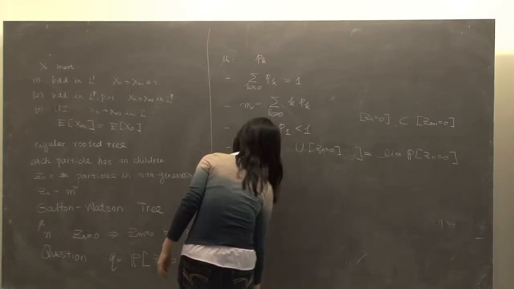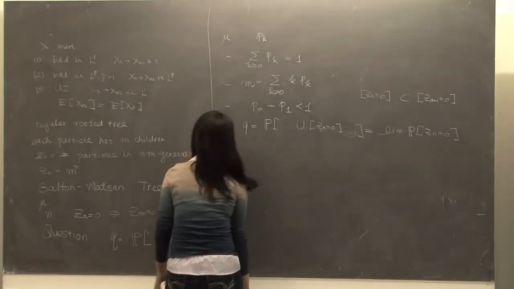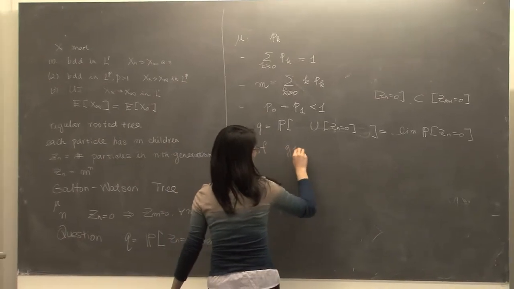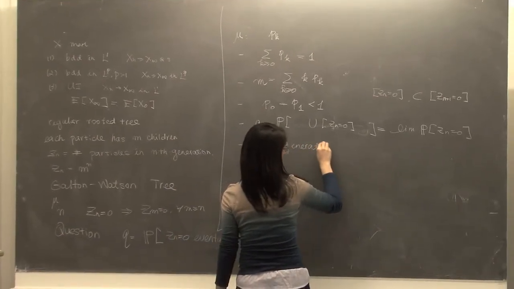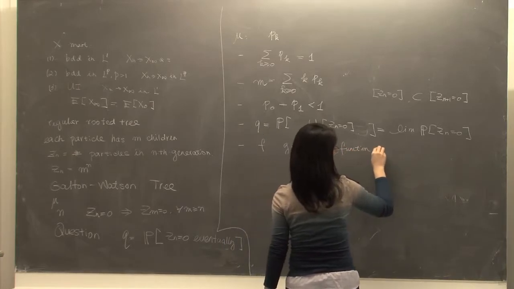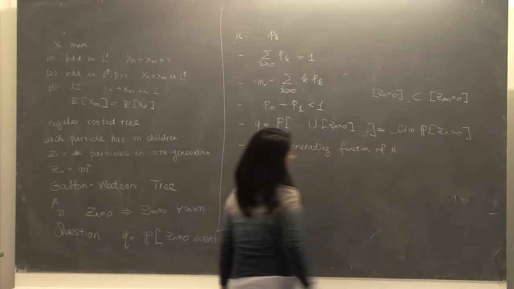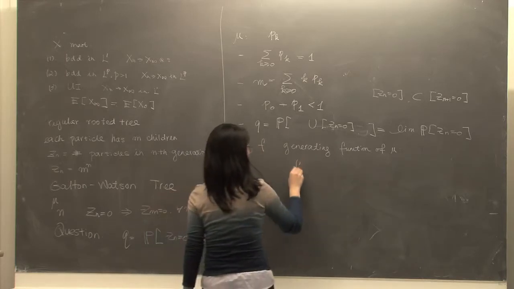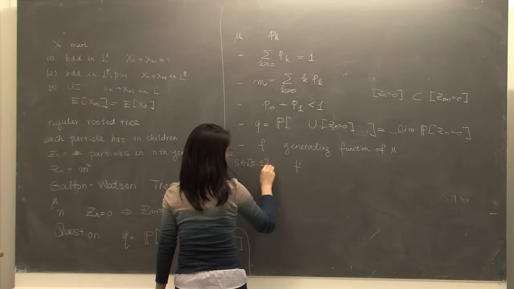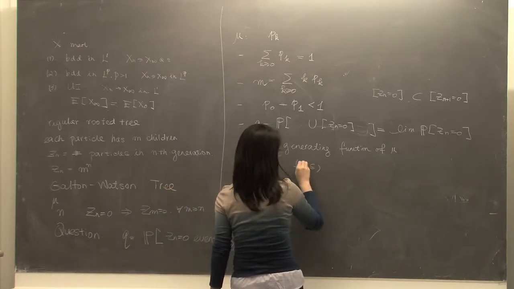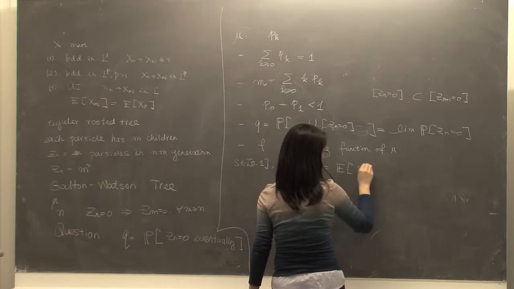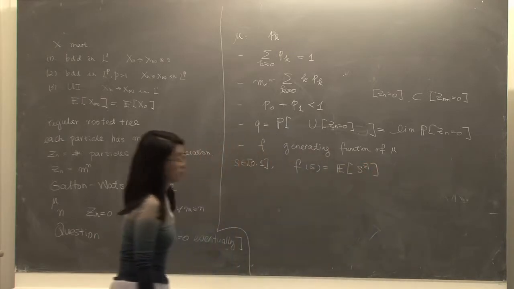And the last quantity we introduce is the generating function of mu. So f is the generating function, and it is defined in the following way. For s in [0,1], we define f(s) to be the expectation of s to the power of this random variable Z_1.